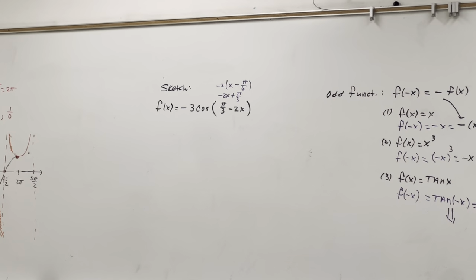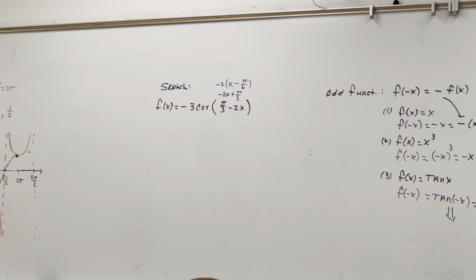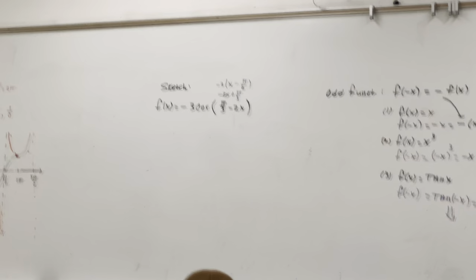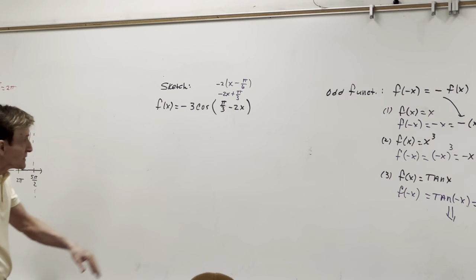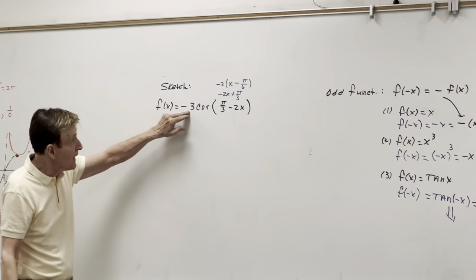Now you go to a calc class, and your calculus instructor says we're going to do a calculus procedure on cosine. And you'll shake your head, okay, I sort of remember what cosine looks like. And then they may say, we could sketch it, and then we'll do the calculus. They're waiting for the calculus from you. You say, oh, I'm gonna sketch it by doing that and that.